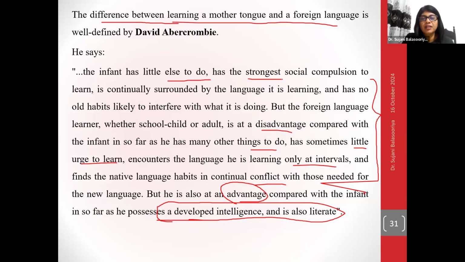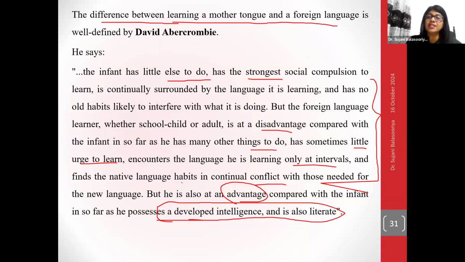Okay, that is one. And unlike an infant, the second language learner, the adult, may not use the language regularly, right? Only at intervals. All the time he is not being given linguistic stimulus in the second language. But the infant very often receives first language stimulus, right? And finds the native language habits.